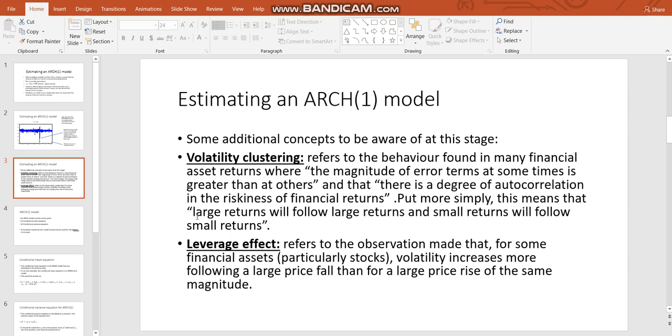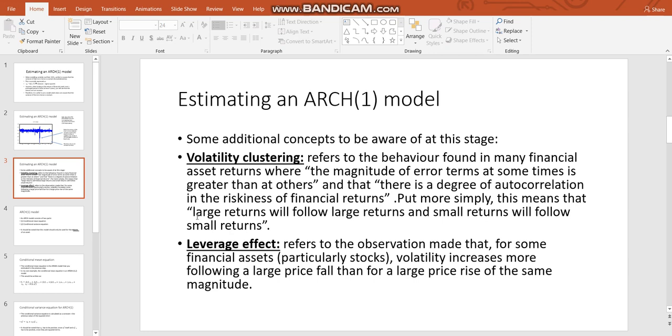And also something else, which is the leverage effect. Volatility tends to increase more following a large price fall rather than a large price rise of the same magnitude.